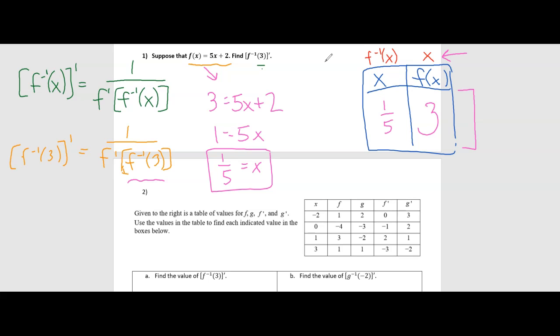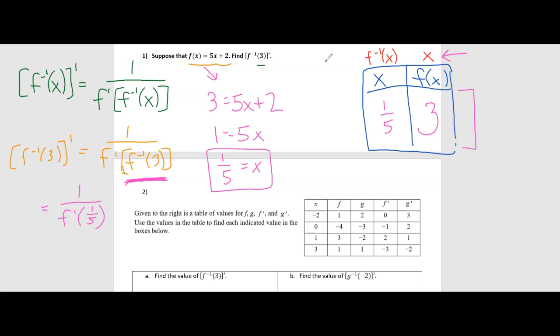And again, if I substitute in 1/5 to my original function, I get 3. But if I substitute in 3 into my inverse function, like we have down here, that's going to give me 1/5. So this is now equal to 1 over f prime of 1/5.